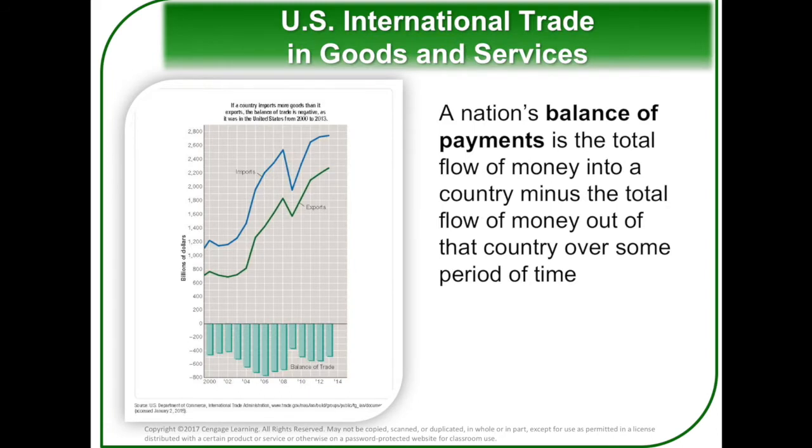An international trade in goods and services, again, when you're measuring that import and export, you're looking at the total flow of money in and the total flow of money out, and you're usually looking at a year at a time. The chart on this slide actually shows about 14 years, and if you look at the chart, the growth has continued.